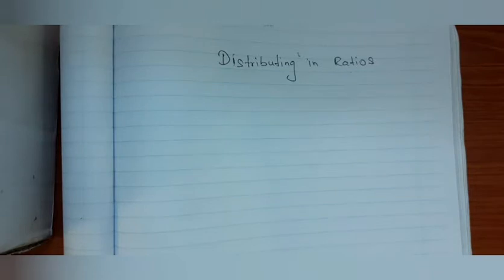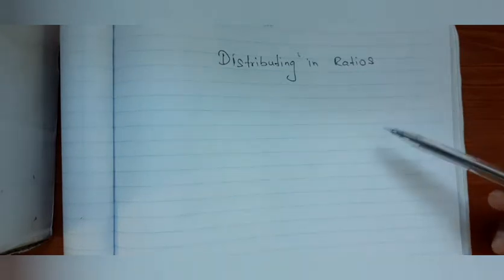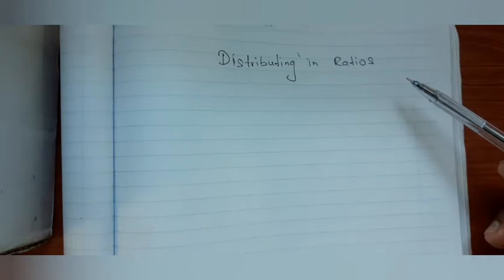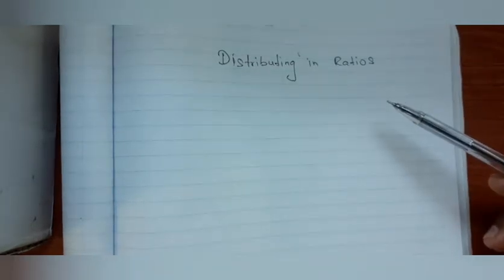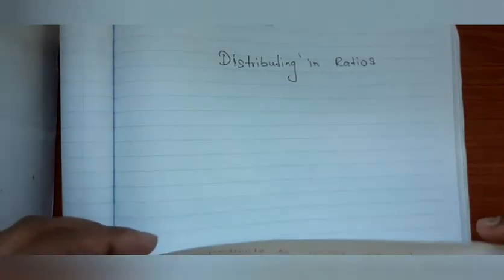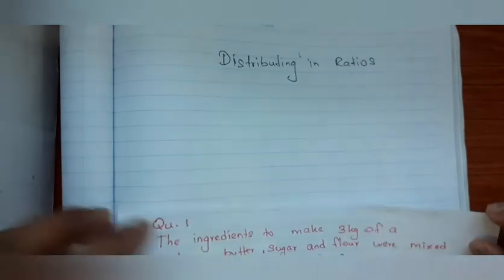So my dear children, the next heading you will be learning is distributing in ratios. Up to now, what you have learned is a summary of grade 6. Now we are going to learn what belongs to the grade 7 syllabus. For this, I am going to explain through questions only.